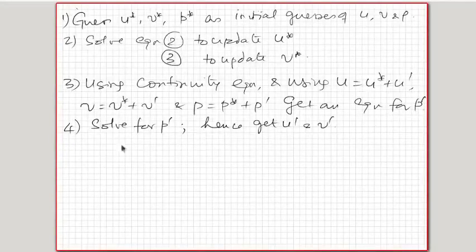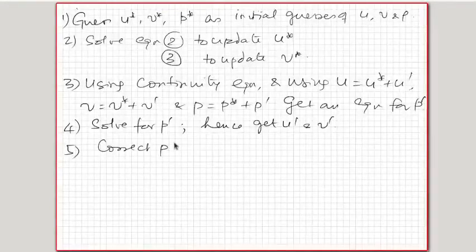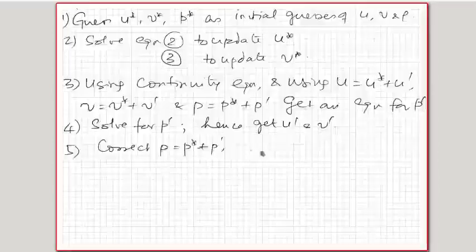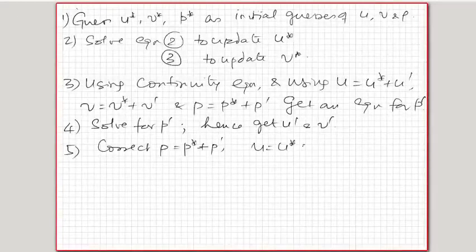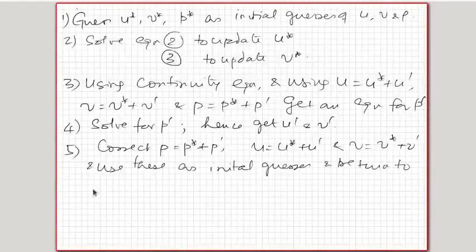Then correct: p is equal to p star plus p prime, u is equal to u star plus u prime, and v is equal to v star plus v prime, and use these as initial values, initial guesses, and return to step 2.